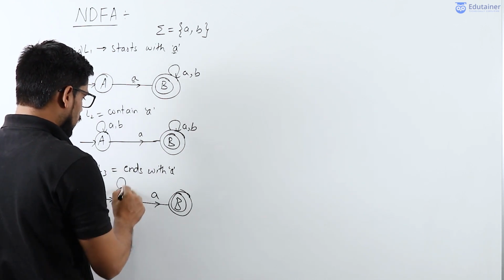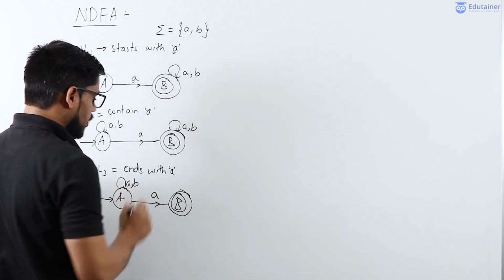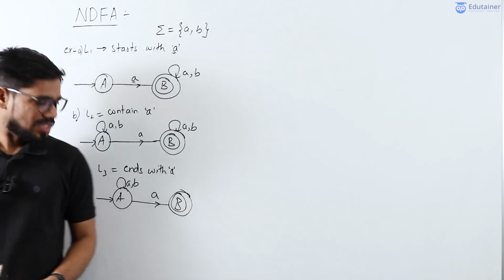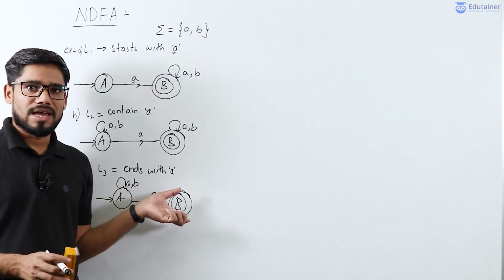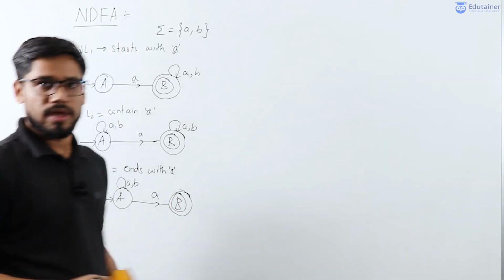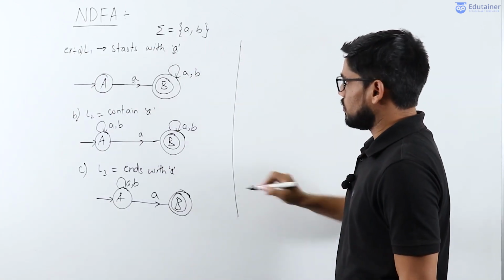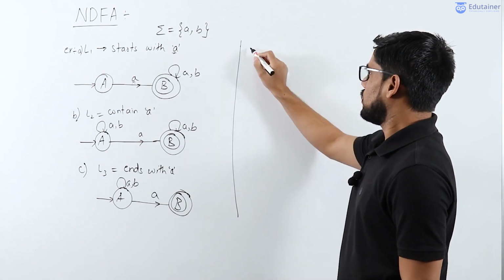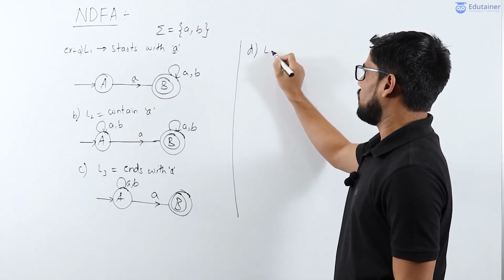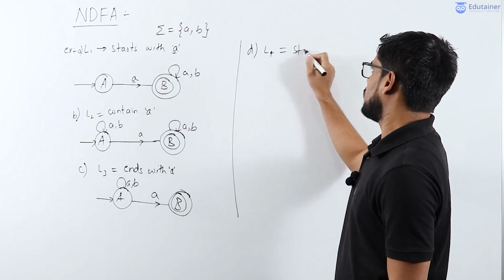And here on A you can accept any number of A or B. So this is the transition diagram for a language which ends with A. Similarly, I can draw for the AB string also. Let's say a language L4 starts with AB.